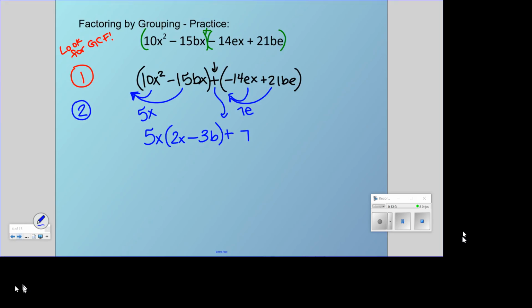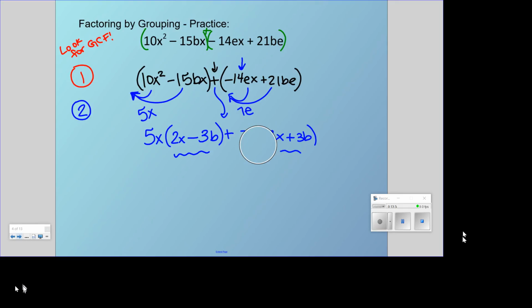If I just pull out a 7e, then I'm left with a negative 2x plus 3b. Now, remember that we need these things left in parentheses to be the same. You can see that they're quite close, however their signs are different. This is why we needed that negative sign to chunk together with this first term in the second grouping.